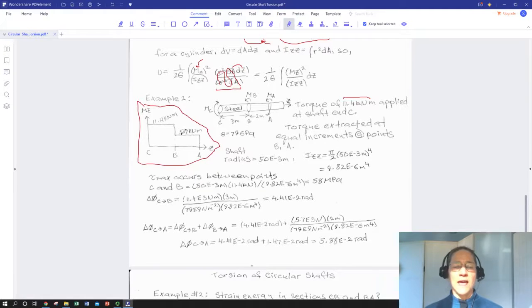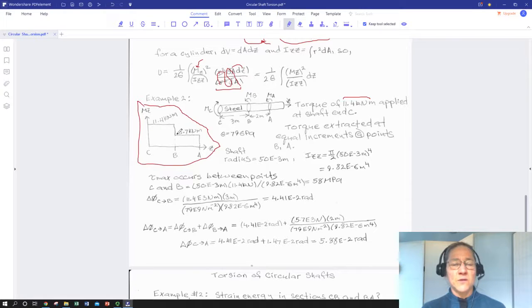So from B to A, the shaft is only carrying 5.7 kilonewton meters of torque, and then it drops to 0 beyond A. So we could look at strain energy and anything else we cared about, twist, rate of angle of twist, shear strain, shear stress, appropriate to each of these areas.